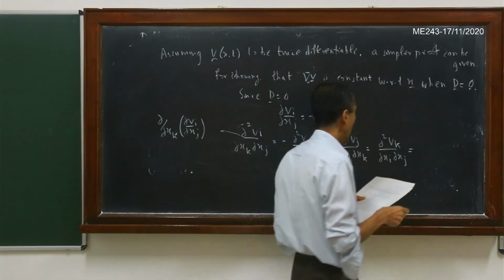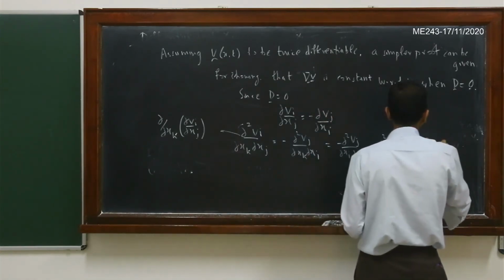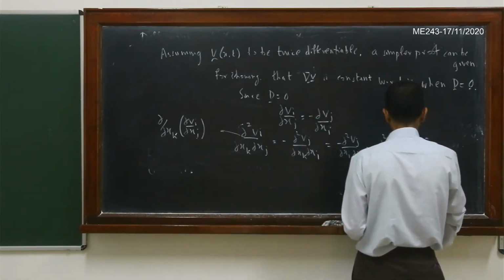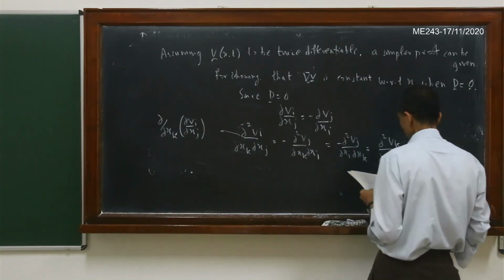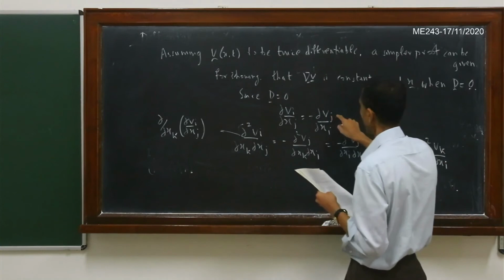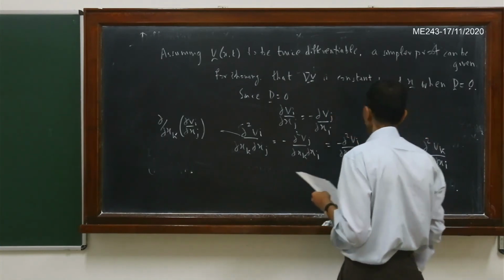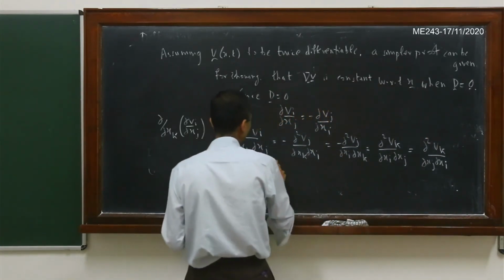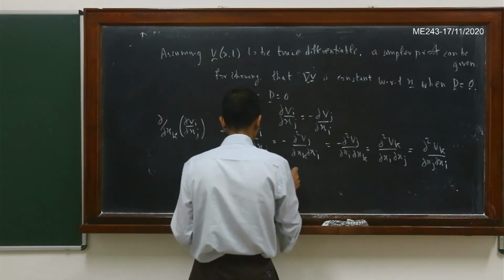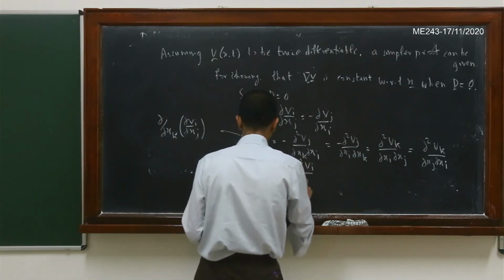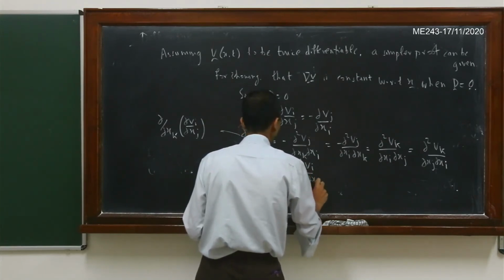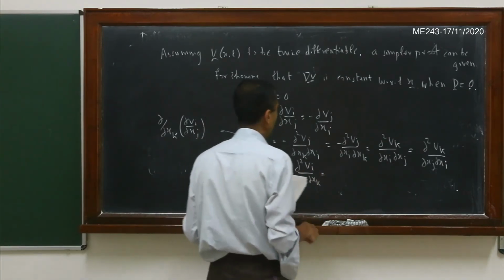So I will get that this is del square vk by del xj del xi. And then again use this particular result here to interchange the indices. So this is minus of del square vi by del xj del xk, and again interchange the order of differentiation.